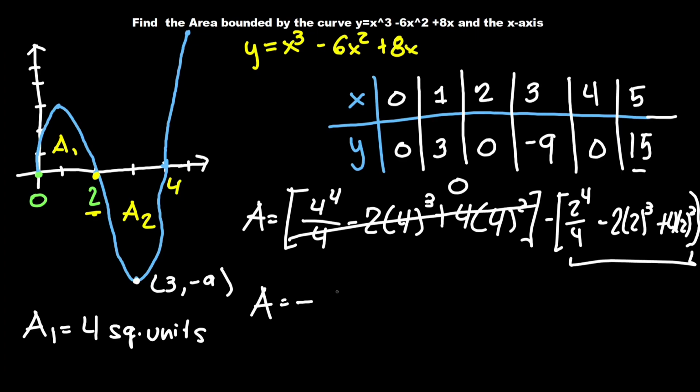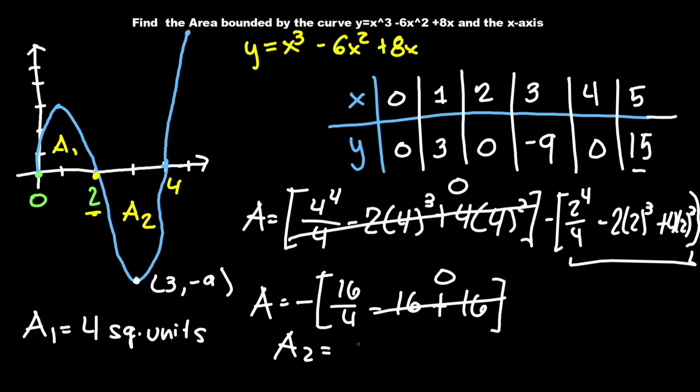So this would be negative 2 to the power of 4 would be 16 divided by 4, minus 2 cubed would be 8 multiplied by 2 would be 16, plus 2 squared would be 4 multiplied by 4 would be 16. Negative 16 plus 16 would be 0. So what we're left with here is area sub 2 would be equal to negative 16 over 4 or negative 4.